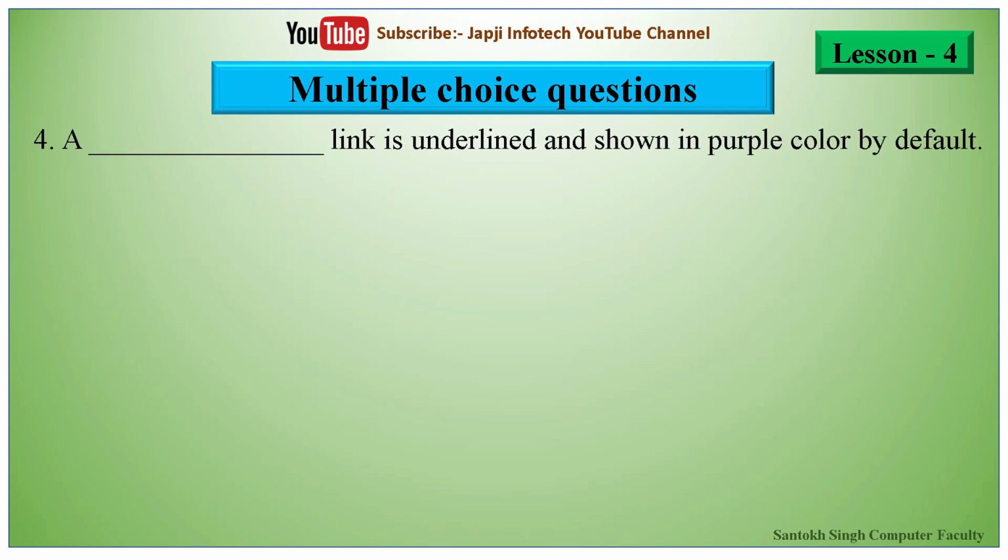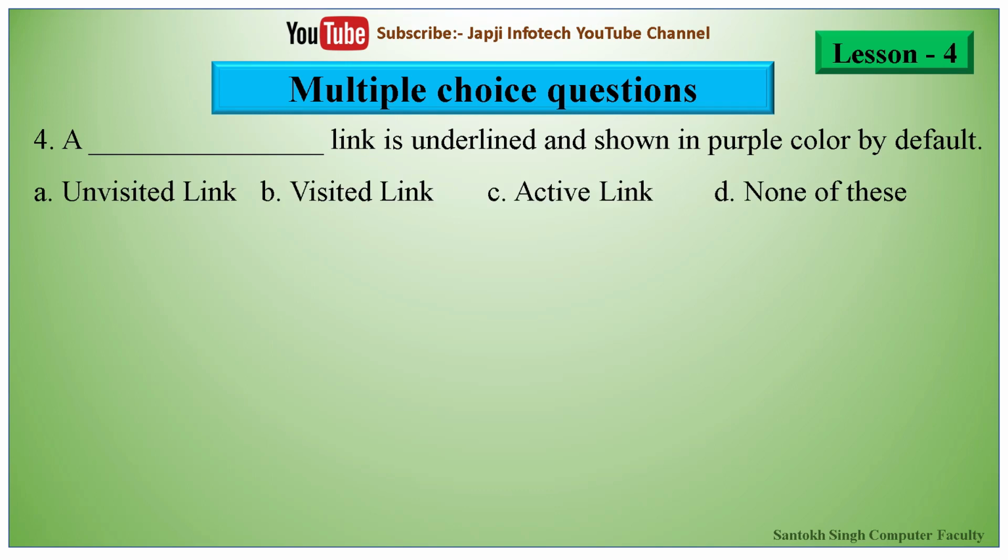And the fourth one is, a dash link is underlined and shown in purple color by default, and their options are unvisited link, visited link, active link, and the last one is none of these. And the right answer is visited link is underlined and shown in purple color by default.